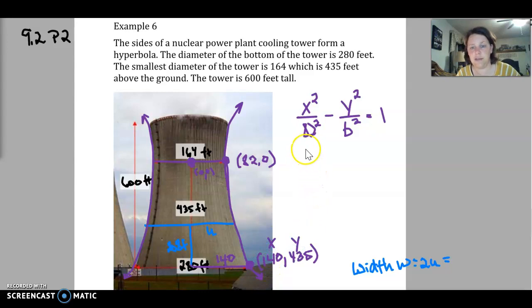So let's plug that into our equation and solve for b. I'm going to write over here and then erase that, because I'm going to need lots of room. So we've got x squared over 82 squared minus y squared. And I'm going to leave these numbers as just being squared for as long as I can. I'm going to even work through my calculator with these because they're really big numbers.